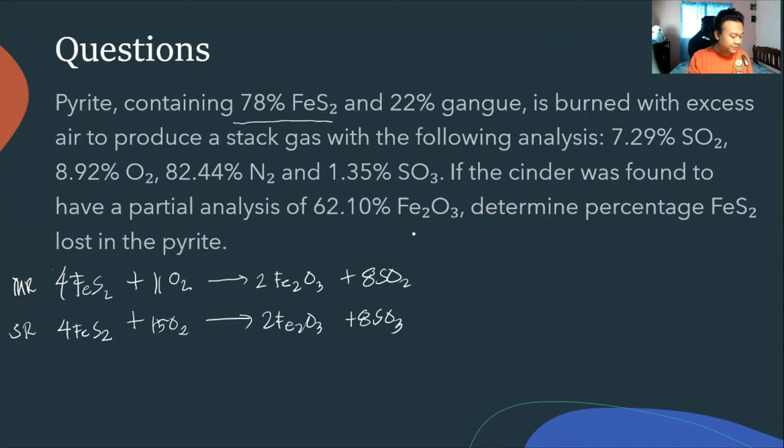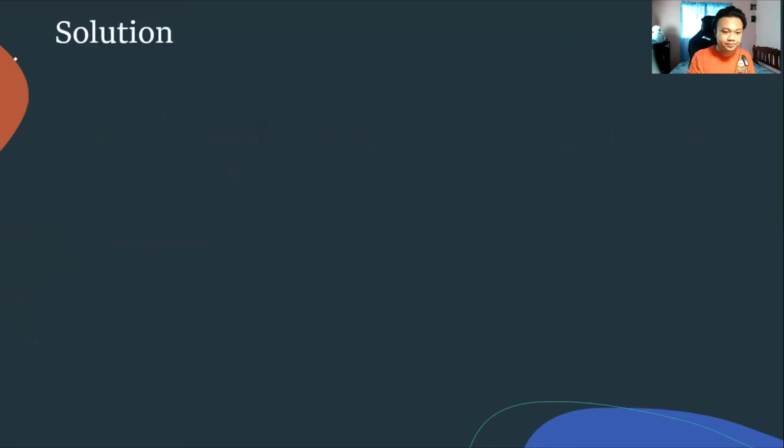So how do we solve for this? It's actually quite difficult, but if you get the hang of it, you can solve this instantly. Okay, so let's draw the system. So we have, let's name our pyrite P. So that's still the ore, and then we have excess air, and then we have cinder, and then we have a gas with the following compositions.